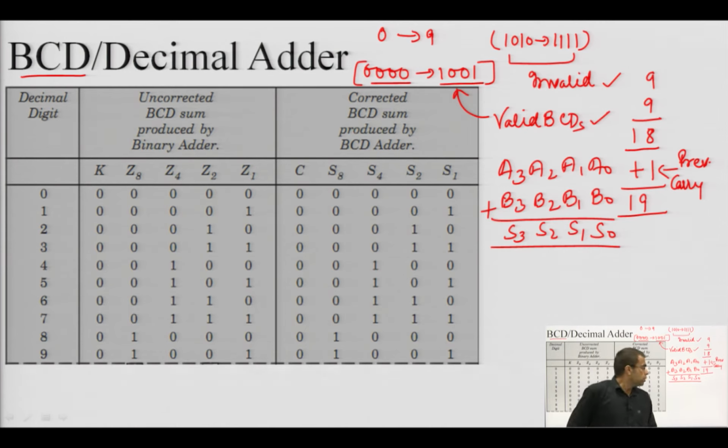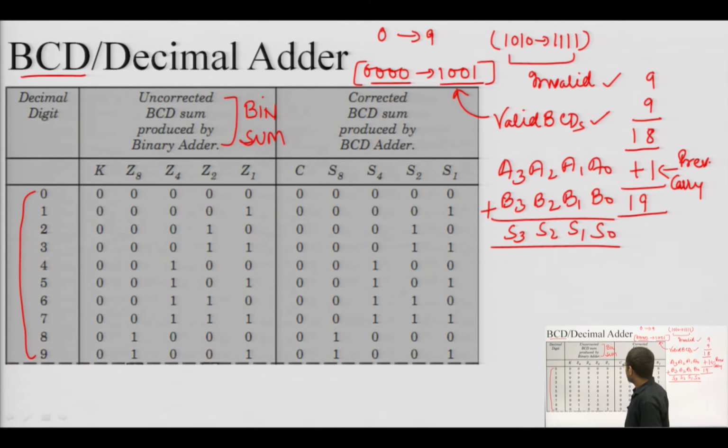So, this table is partially mentioned here. If the sum is 0 to 9, this is my uncorrected BCD sum, or we can say this is the binary sum, and this is the corrected BCD sum.